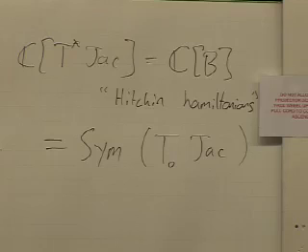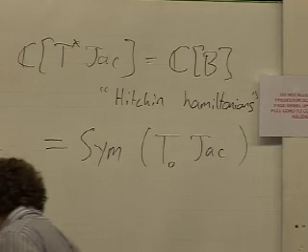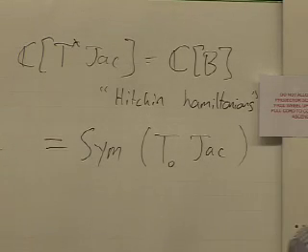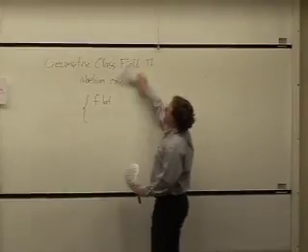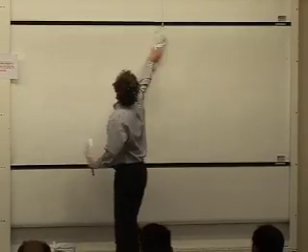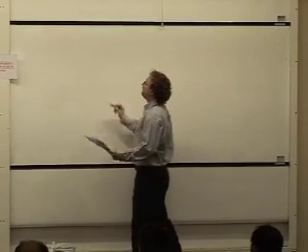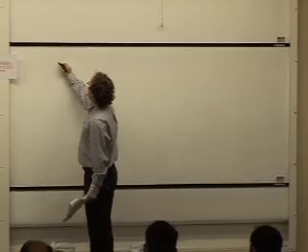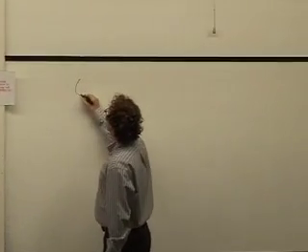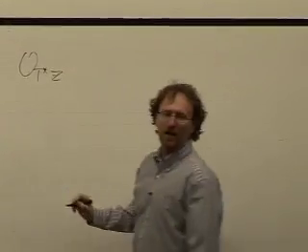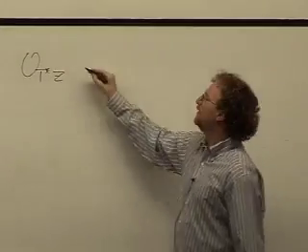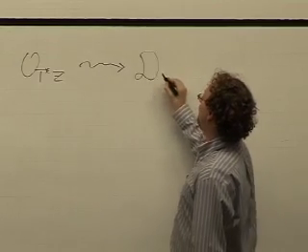But now it still seems to have nothing to do with what I'm about to erase. So how does this have to do with flat line bundles? So far, there are no flat line bundles. What I'd like to do now is to deform this picture. If you will recall from last time, functions on the cotangent bundle of some space have a natural deformation, which is differential operators on that space.